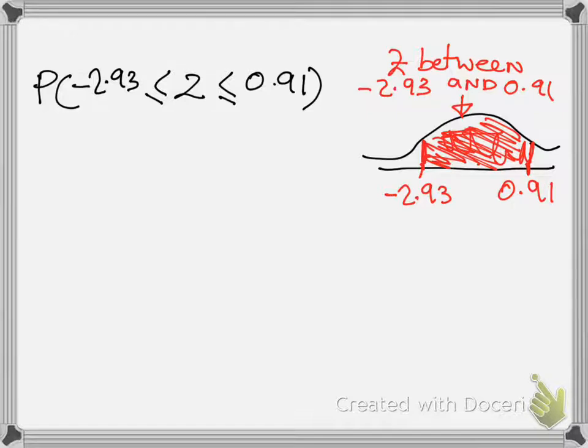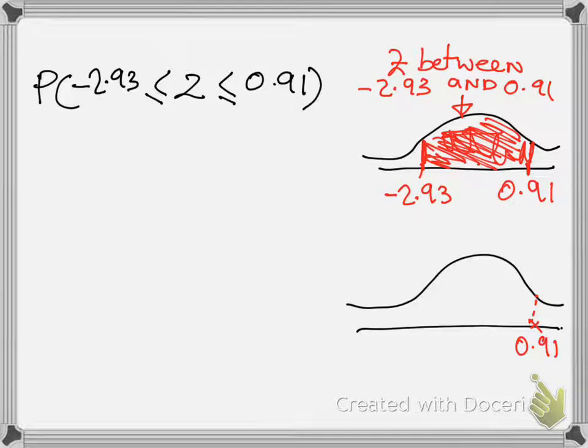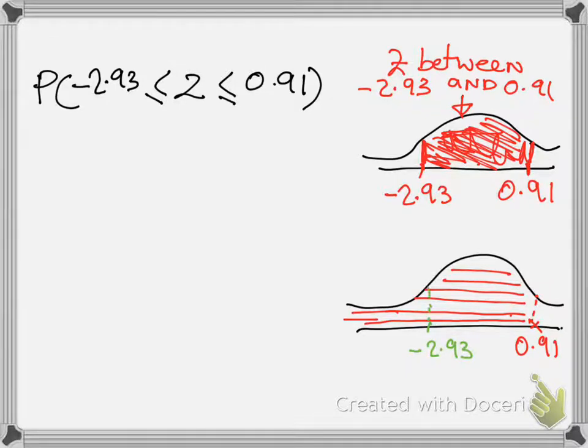So what you do, let's say this is 0.91. You take the area to the left of 0.91, the whole area to the left of 0.91, and you subtract the area to the left of negative 2.93.